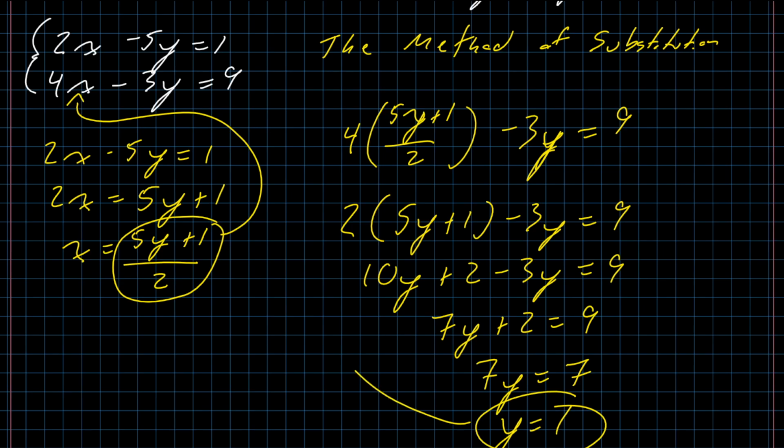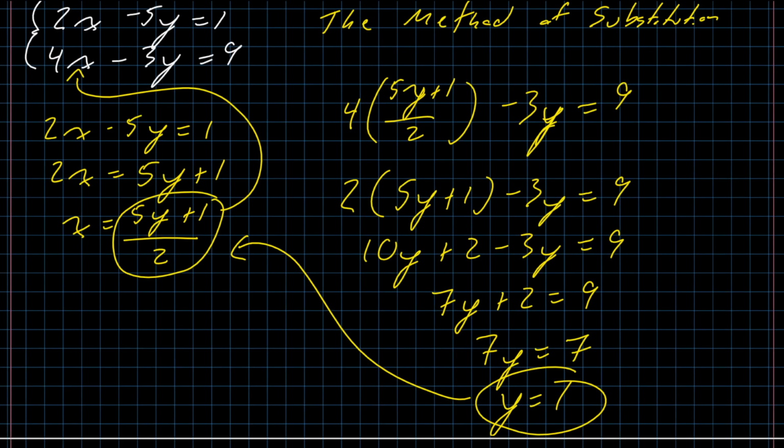I'm now going to take that y equals 1 and plug it into the expression that we just came up with for x. x equals (5 times y, but y is 1, plus 1) over 2.